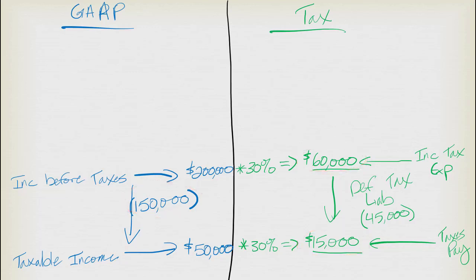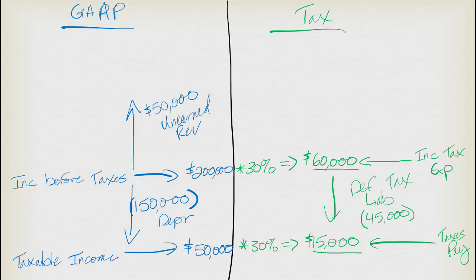Now let's take a look at the flip side. Let's say instead of depreciation expense, let's say that I have some unearned revenue. Let me label this. This is depreciation down here. There we go. Let's say I have some unearned revenue. Well, under tax law, you remember we have to pay based on the cash they give us, not on what we earn from a GAAP perspective.